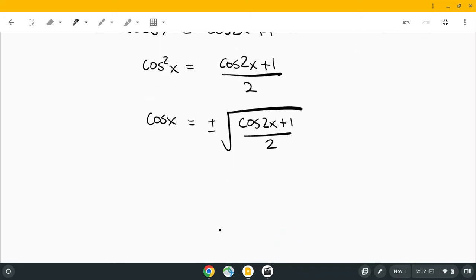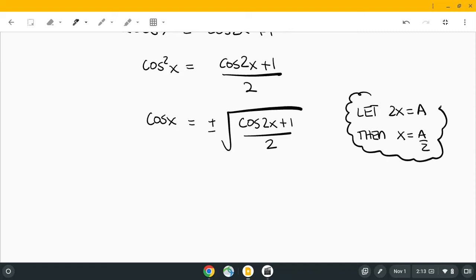All right, so we could do the same thing that we did up above. We can let 2x equal A, and then if I divide both sides by 2, I get x on this side and A over 2 on this side. So let's replace the 2x and the x with what we have here.